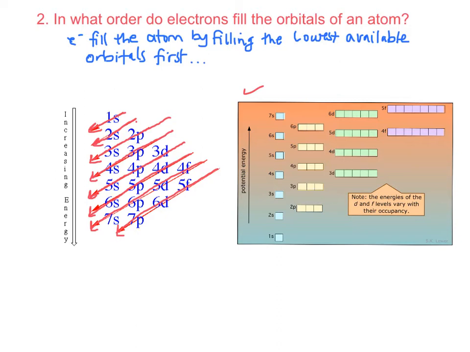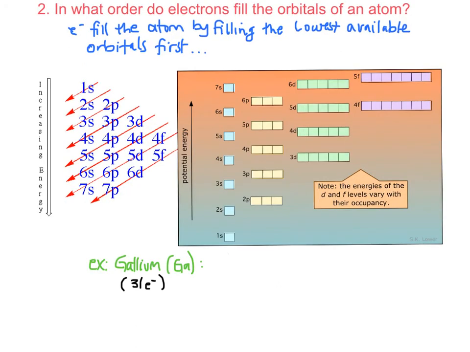So, for example, gallium. Gallium has 31 electrons. And when those electrons fill a gallium atom, they fill in a particular order, the order that I just showed you. So remember that each orbital can only hold 2 electrons.